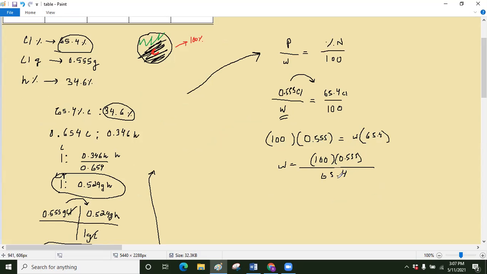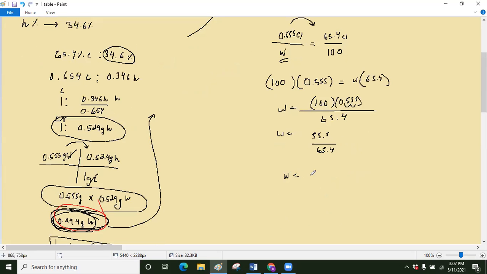And this would essentially give you a proper answer. If you multiply 100 times anything, that just becomes 55.5 over 65.4, because of course you want to move the decimal place 2 places to the right. And then if you were to do this, you'd essentially get the whole as being 0.848 grams. And that is essentially your whole, right?